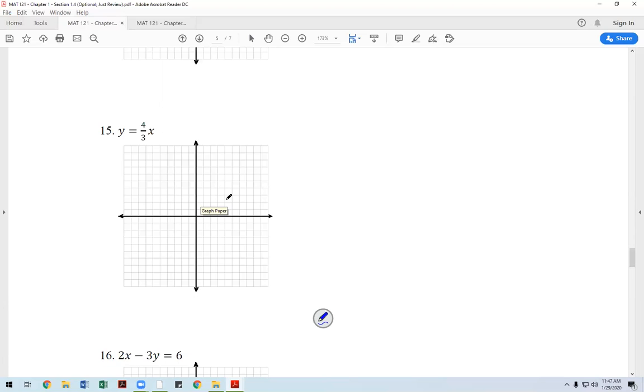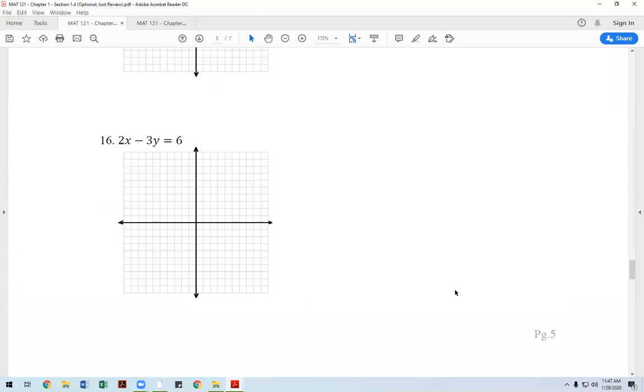Okay? So I'm not going to attempt graphing anymore since my graphs are not coming out how I want them to. And it's a positive slope, right? So your line should be going up from left to right. 15. So you're starting at 0, 0, going up 4 and right 3.